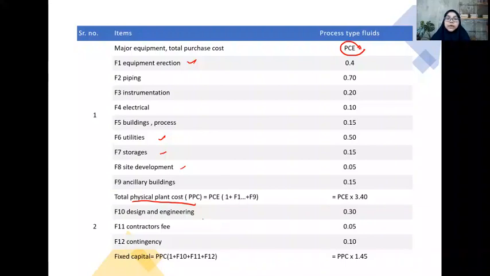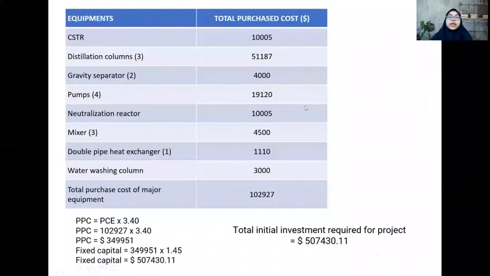Okay, in this example, it also considers the indirect cost. Okay, this is the factor for indirect cost, and then it gives us the value of the fixed capital by considering the indirect cost to obtain the fixed capital in this project. Okay, this is the total purchase cost for each equipment that has been calculated earlier, and then this is the total purchase of the major equipment, and then using the factor for each component listed here.